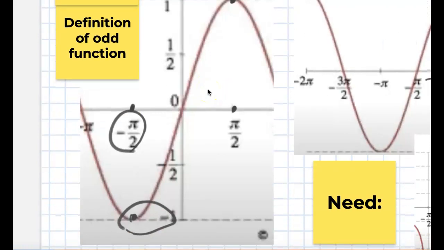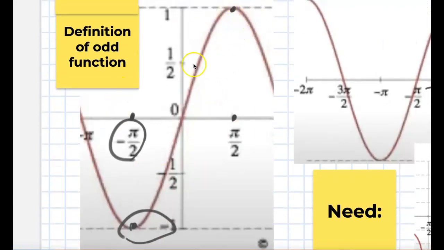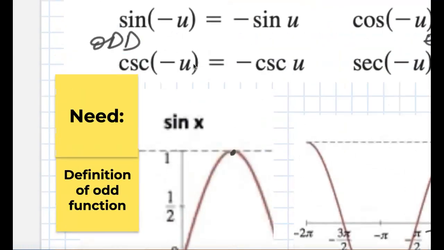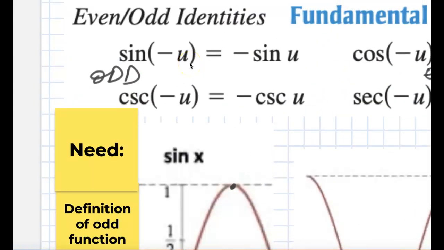We have rotational symmetry about the origin. That is an odd function. And the algebra definition is, if you have some positive input, in order to get equality here, you're going to have to multiply by the negative of whatever y coordinate would have come out if you're putting in the negative of your input.